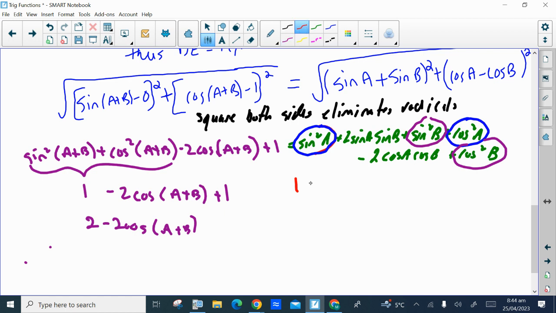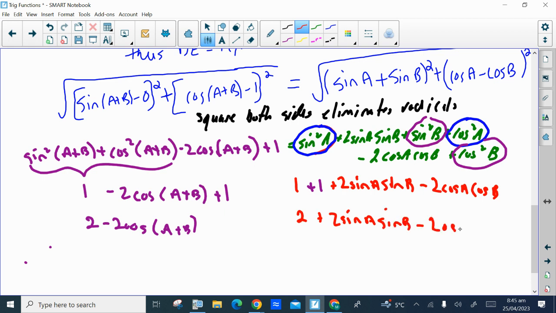So we have plus another 1. And then we have positive 2 sine A sine B minus 2 cos A cos B. So the 1 plus 1 will give us 2 plus 2 sine A sine B minus 2 cos A cos B.